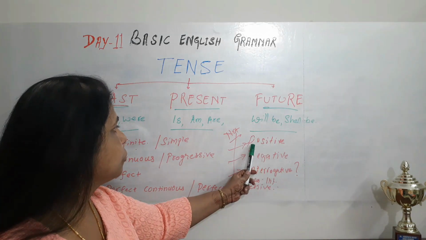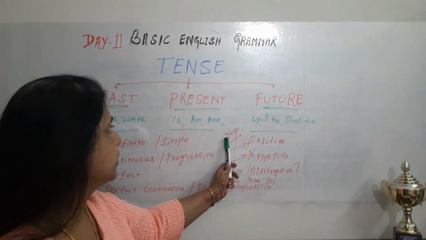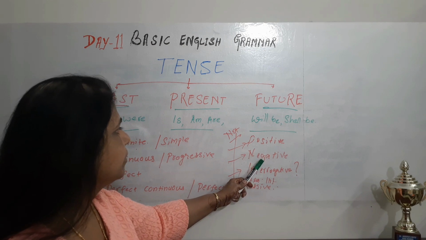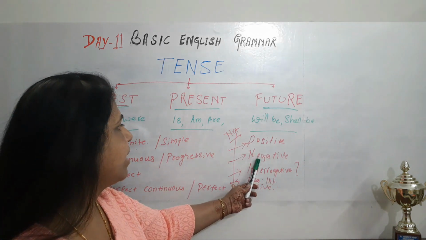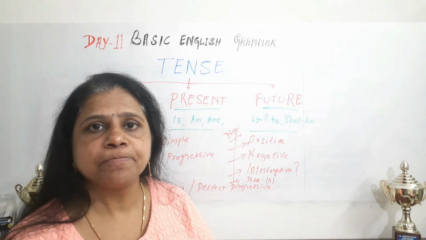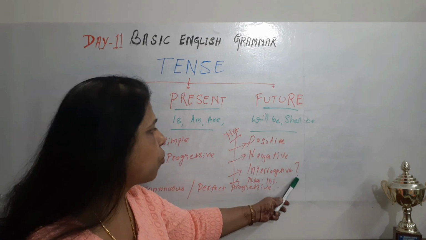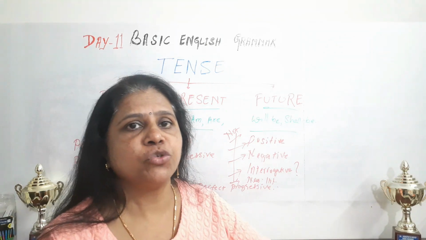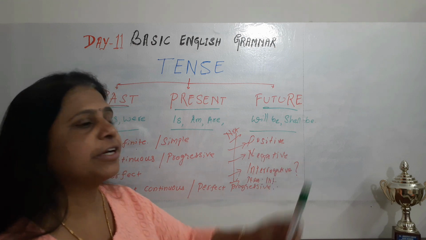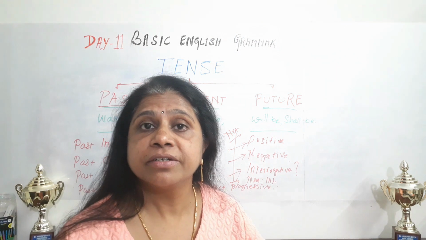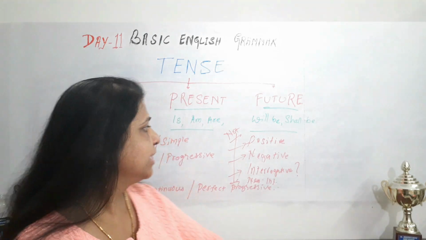Coming to negative, in the sentence there will be not or no. So whenever not is there, that is a negative sentence. And interrogative is a question. What is your name? Question. Again, negative interrogative. Am I not a teacher? Negative and interrogative together.